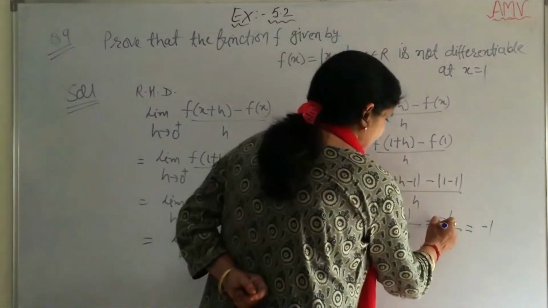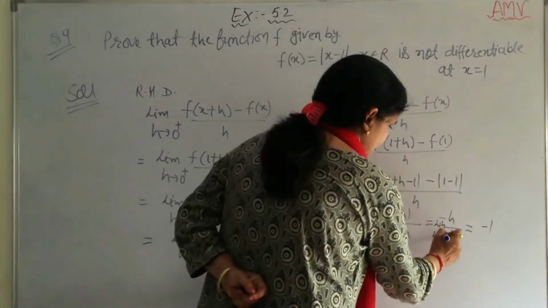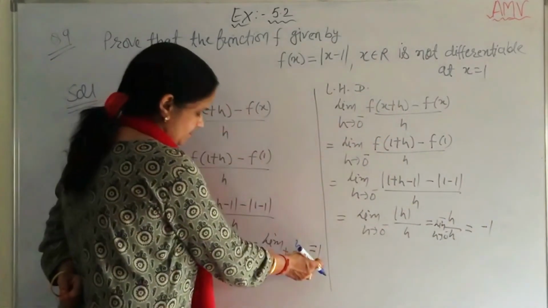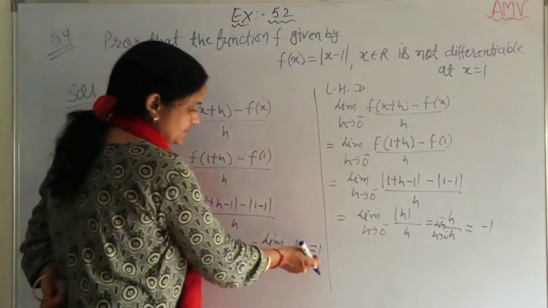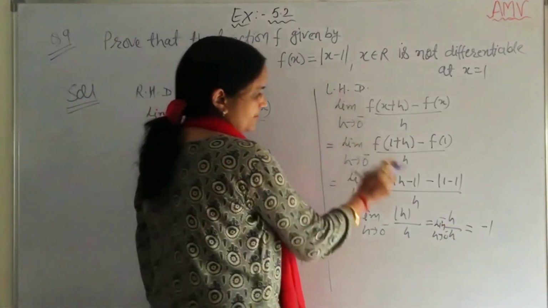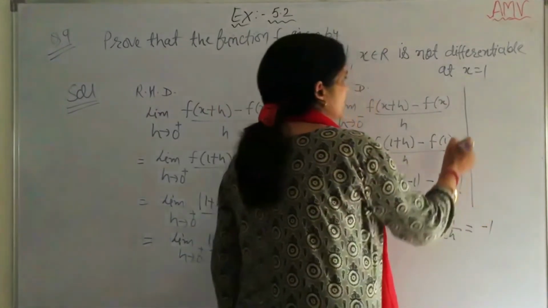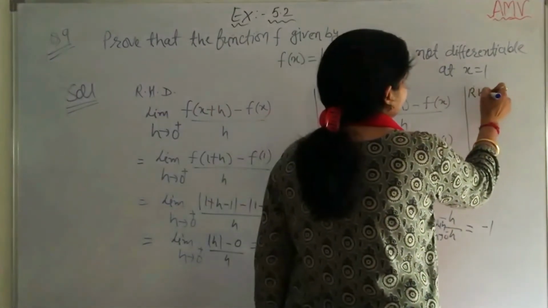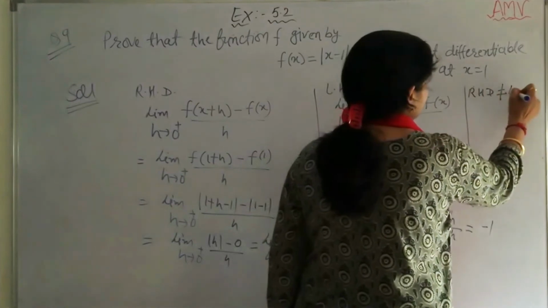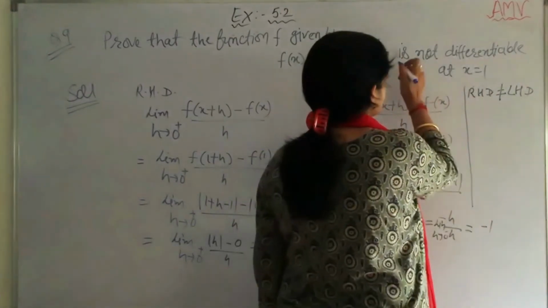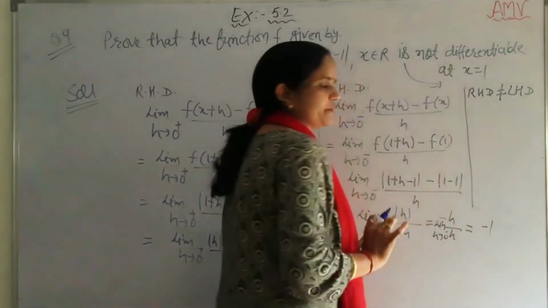Here write limit also, h tends to 0 negative. So now see, right hand derivative is 1 and left hand derivative is minus 1. So in the next step you have to write right hand derivative is not equal to left hand derivative. So function is not differentiable.